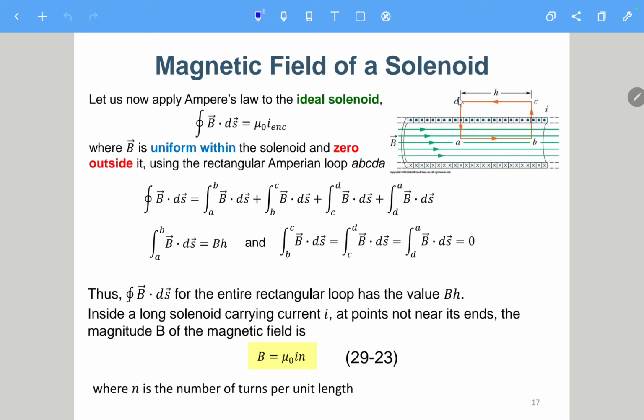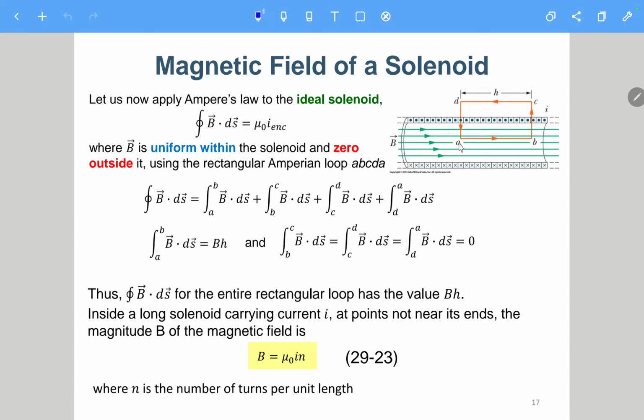Here we also do some approximation, somewhat similar to what we did for the capacitor. For the capacitor, we assumed that the E field between the parallel plates is uniform, and the E field outside the capacitor is approximately 0.